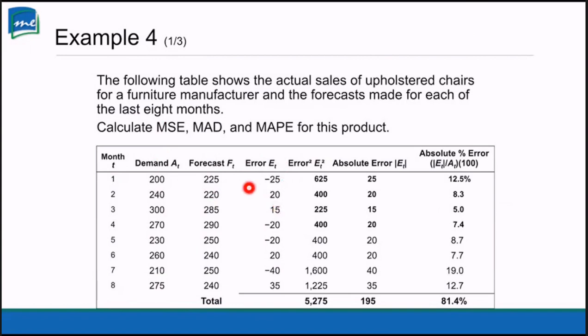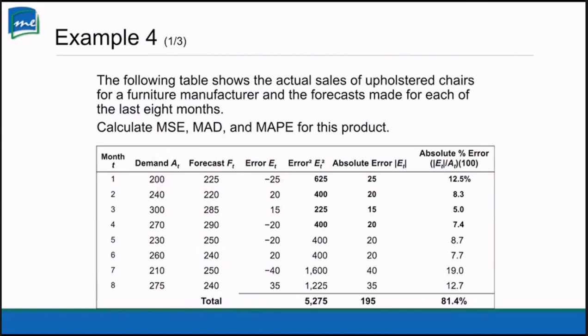And then, according to the numbers here, we can calculate the square value of the forecast errors. We can compute the absolute values of forecast errors. We can compute the absolute percentage of errors. We just use the forecast errors divided by the actual demand.